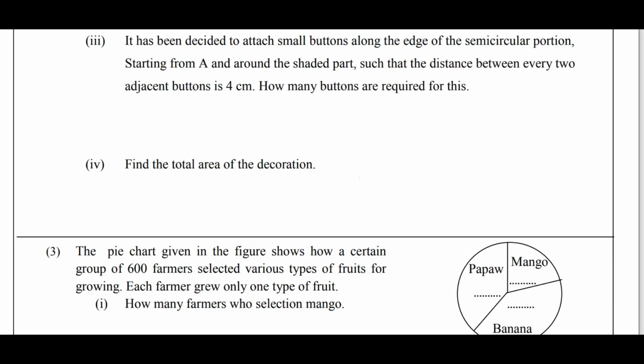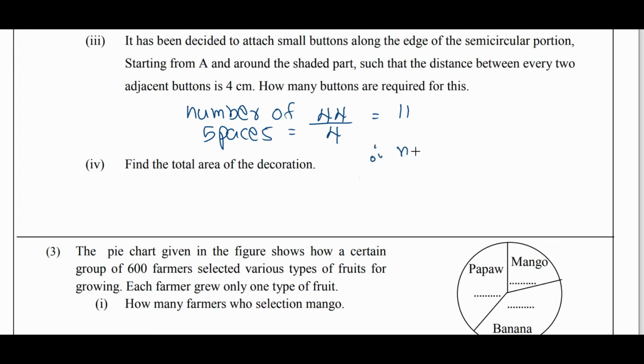Therefore, I can find the number of spaces, because the distance between every two adjacent buttons is 4. We know the arc value of AB is 44. Then number of spaces equals 44 divided by 4, it will be 11.